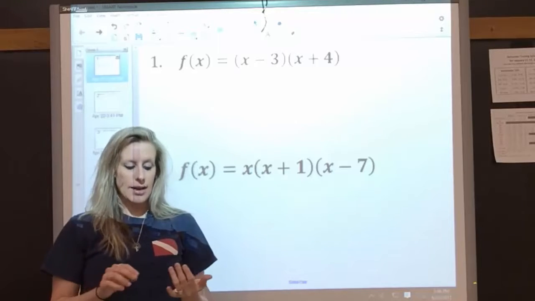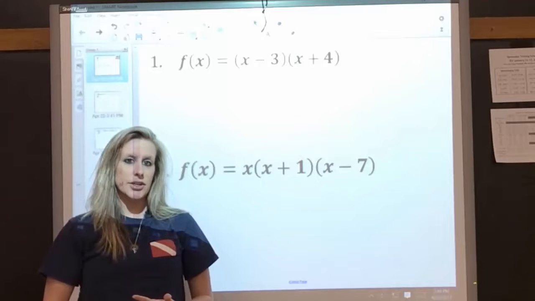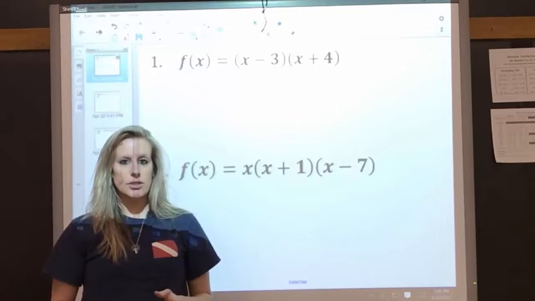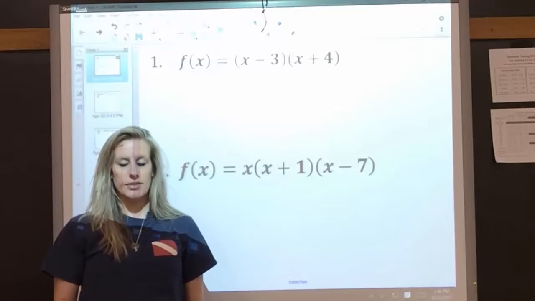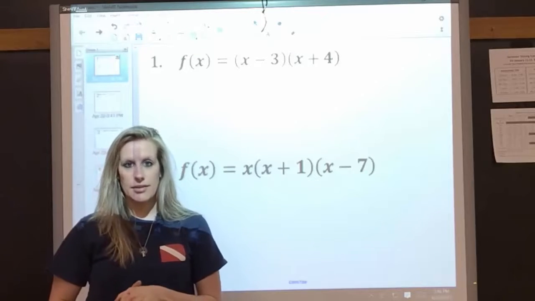And to do that, you have to know how to find the zeros, and you have to know how to factor a polynomial. So we're going to be reviewing this week just to make sure we all have the same foundation before we get into the newer stuff.